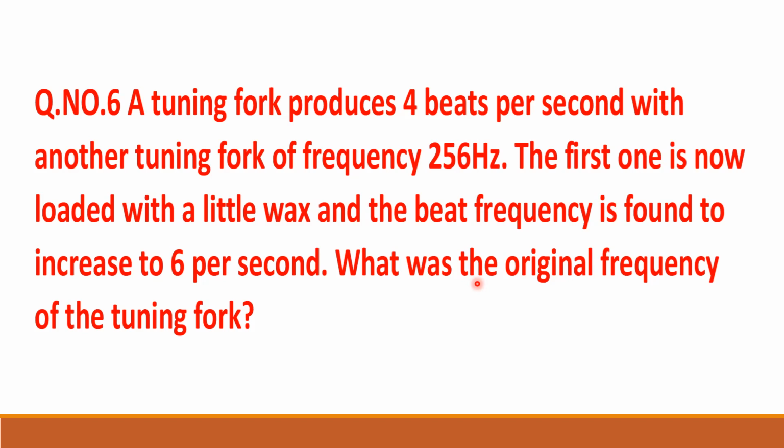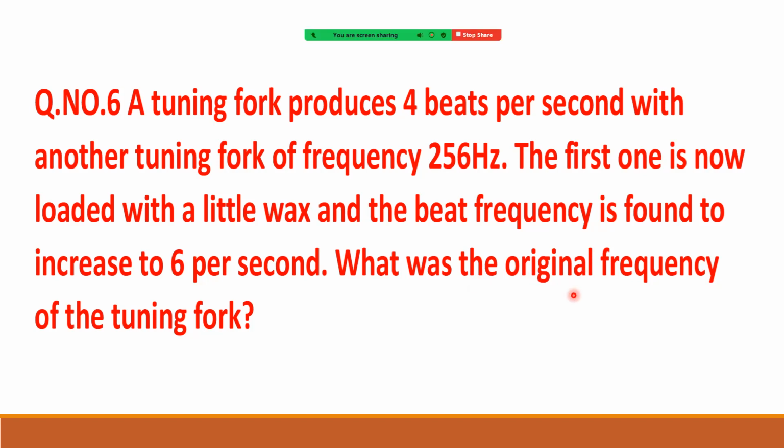The first one is now loaded with a little wax and the beat frequency is found to increase to 6 per second. What was the original frequency of the tuning fork? Original means before adding wax.